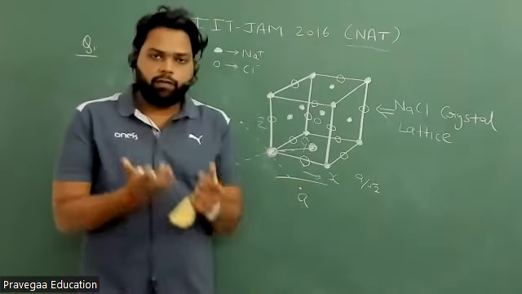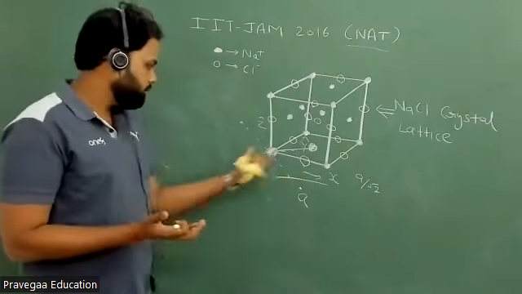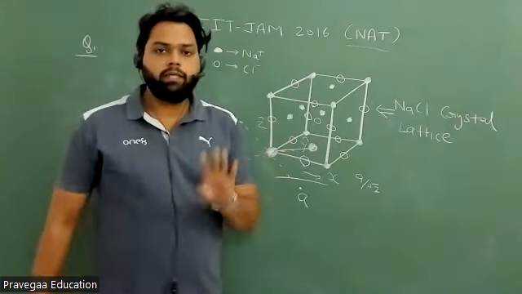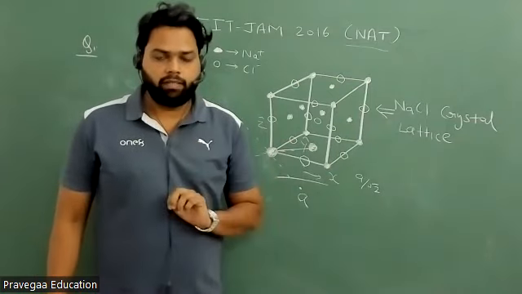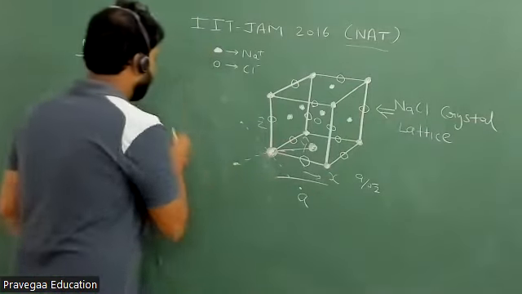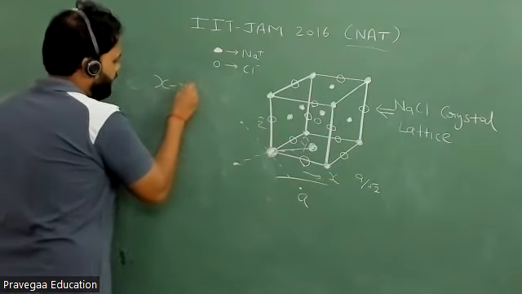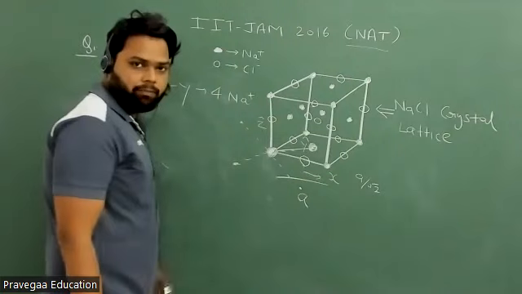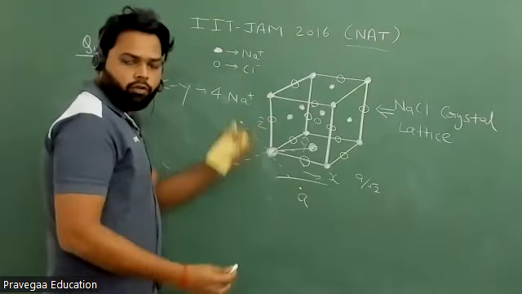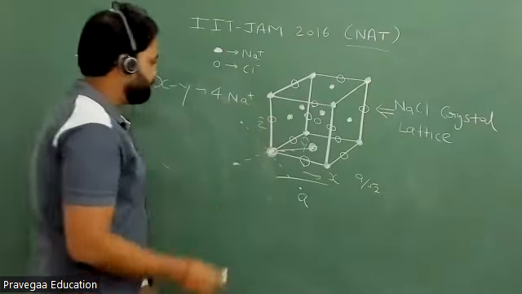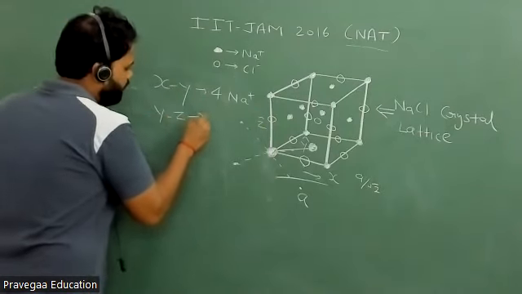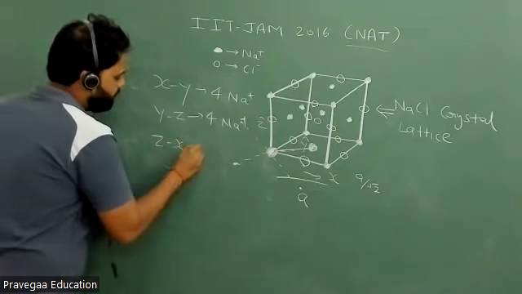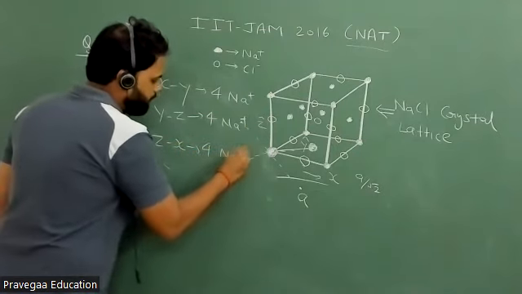That means in one plane, whether YZ or XZ, there will be 4 second nearest neighbor ions. If you take the XY plane, there will be 4 Na+ ions. By symmetry, there will be 4 ions on each plane: on the YZ plane, 4 Na+ ions, and similarly on the ZX plane, 4 Na+ ions.